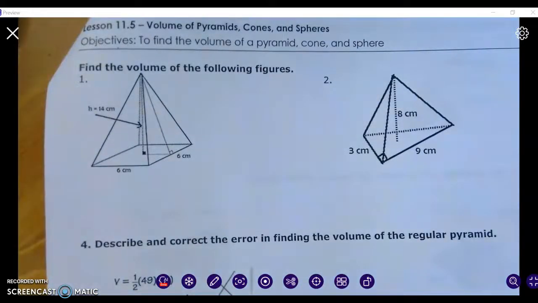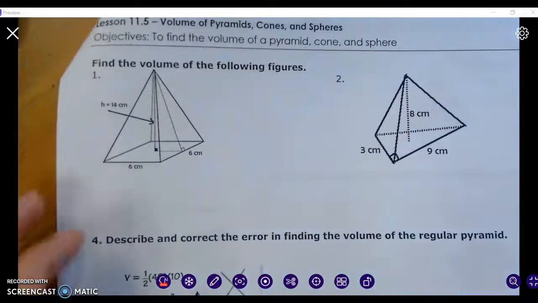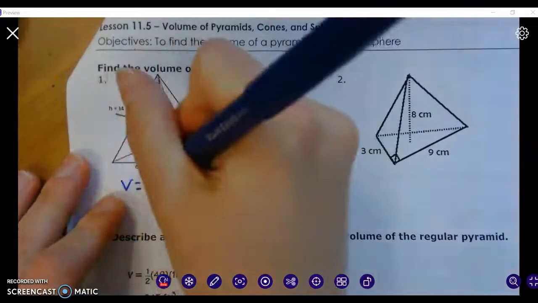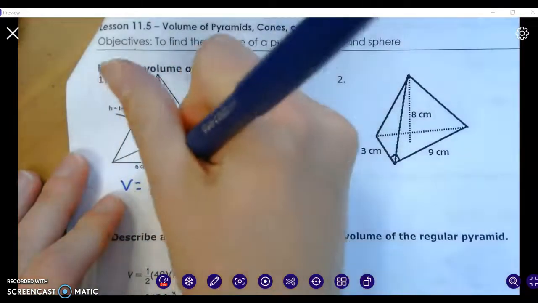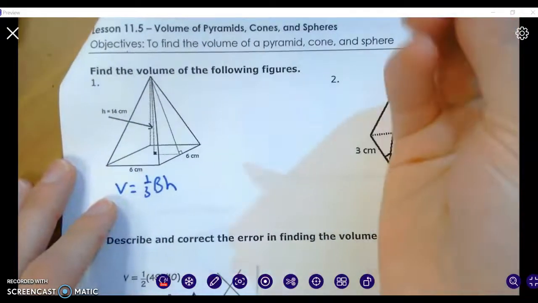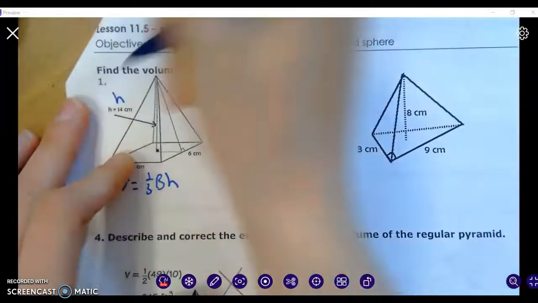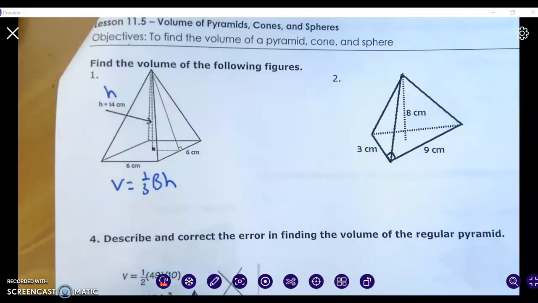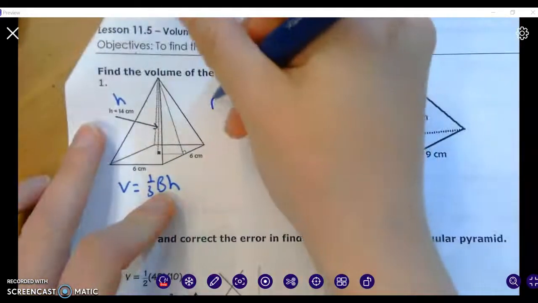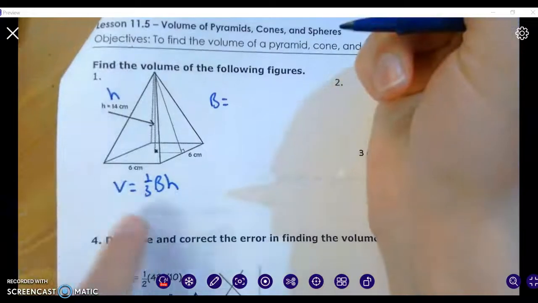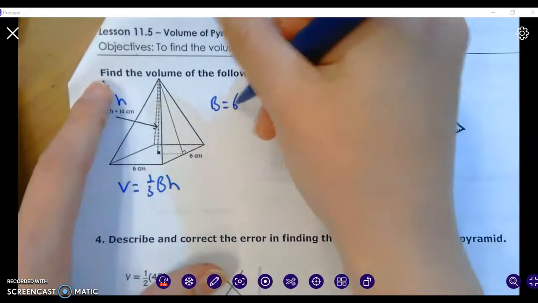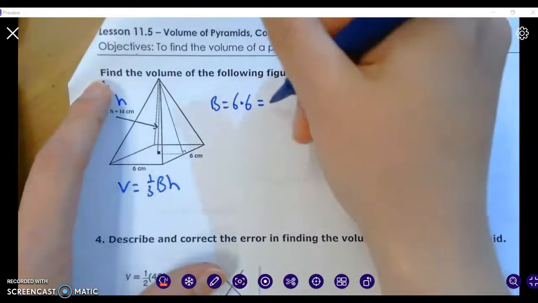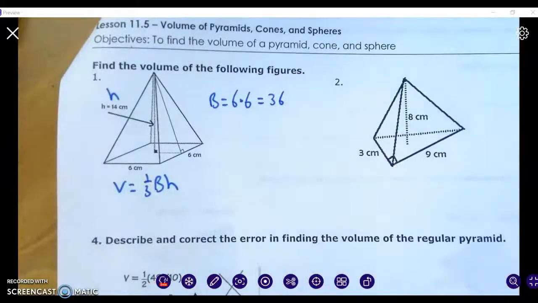Okay, so we're going to start with finding volume of these pyramids. So our volume equation is 1/3 area of the base times the height. So we already know our height. Our height is 14. So then we just need to know the area of the base. Our base is a square, and so we have 6 times 6, which is going to be 36.